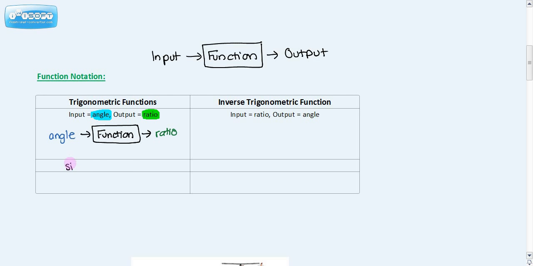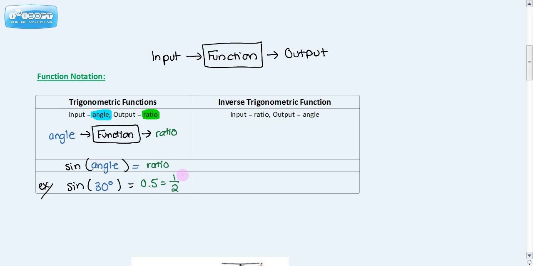We have sine of a specific angle should give me a ratio. So if I punch into my calculator, for example, the sine of 30 degrees will give me an answer of 0.5, which can be written as a ratio of 1 over 2.